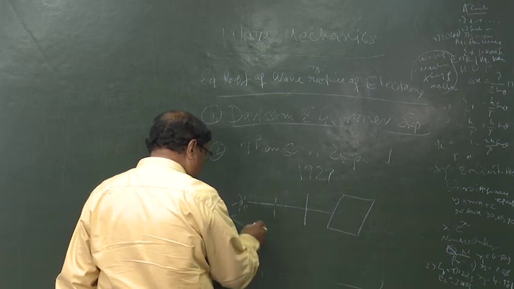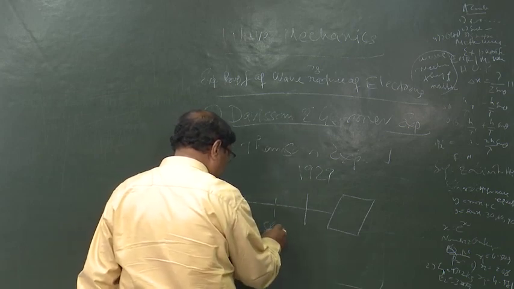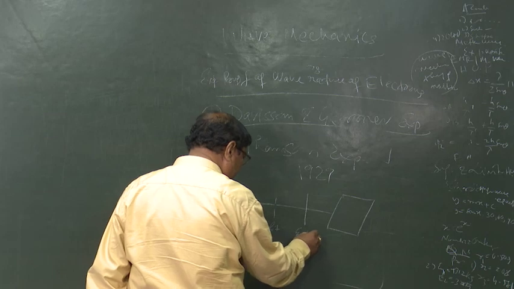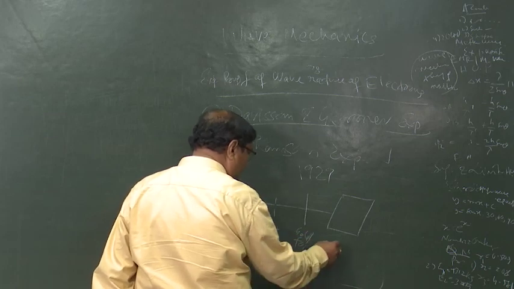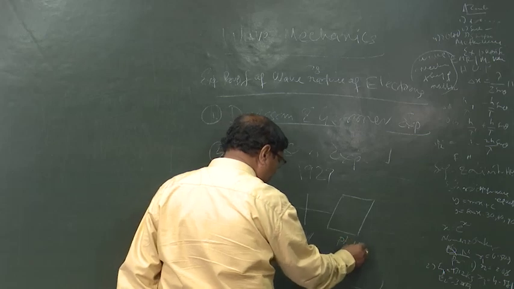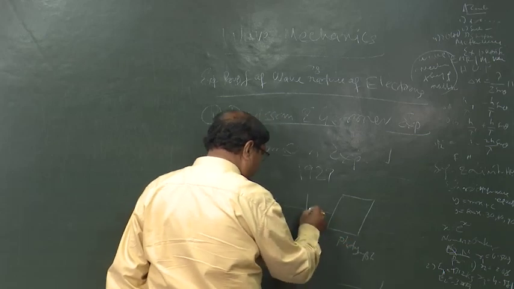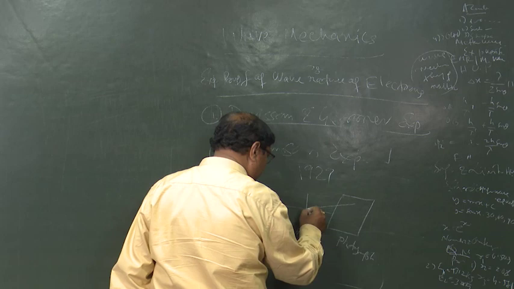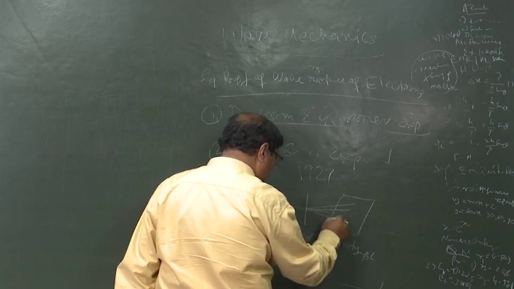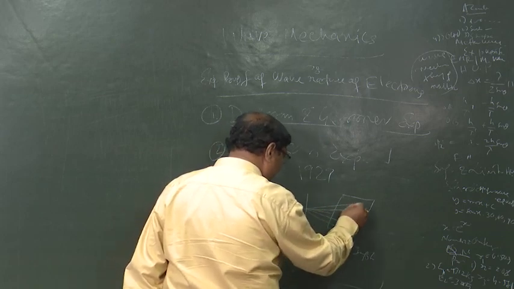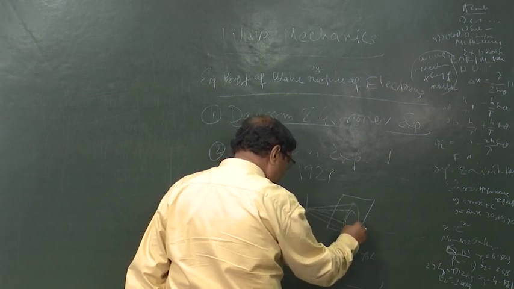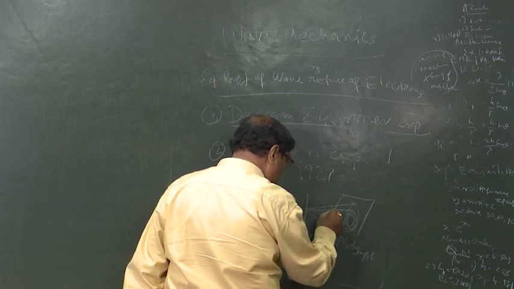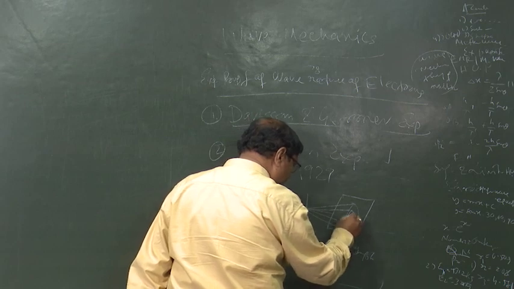Now, this is the source, this is the slit, this is the gold foil, this is the photography plate. You will see this type of reflected rays form like this, and this ray will form a spot.